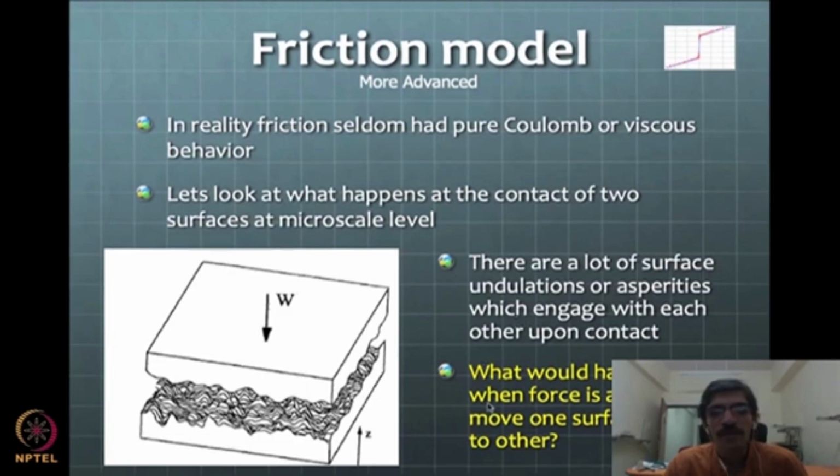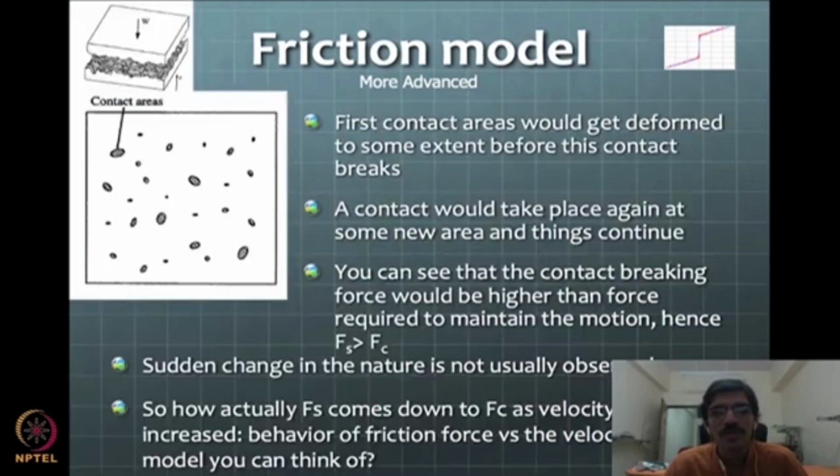What will happen when force is applied in the sidewise direction is that these asperities on the surface will start deforming, then start breaking, and at some other point new contacts will happen. Right now this is a picture of the contacts of asperities happening at many different places.